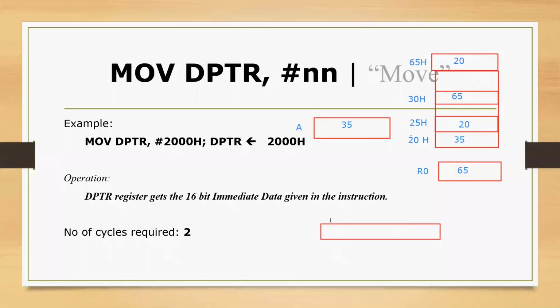All other memory locations are 8-bit locations, so we copy 8 bits of data to them, but dptr is 16-bit. So 16 bits of data will be copied to dptr. So dptr comma # immediate data is copying to dptr. So #2000 hex means the value 2000 is loaded to the dptr register.